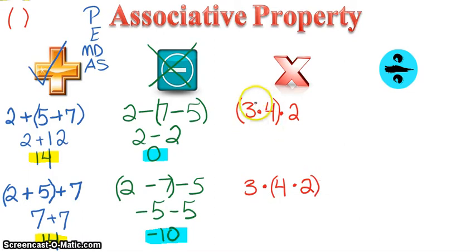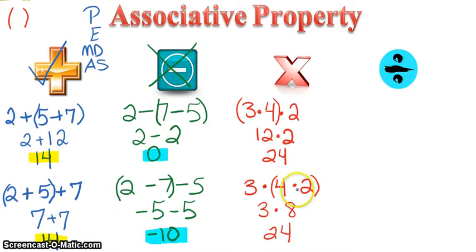Start with the parentheses. What is 3 times 4? 12. 12 times 2? 24. Okay, next problem. Start with the parentheses back here. 4 times 2. 8. 3 times 8? 24.